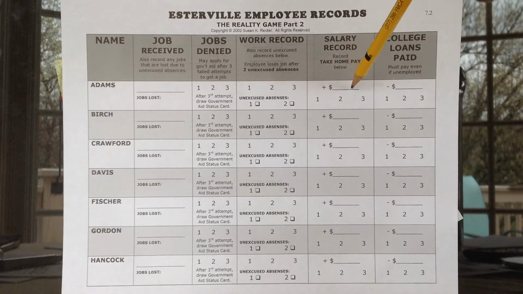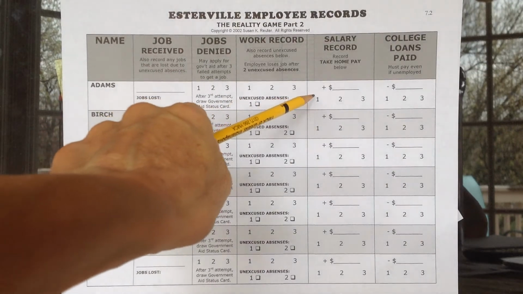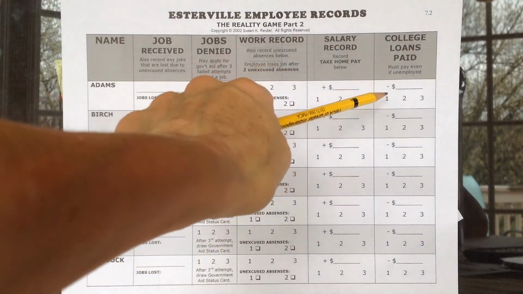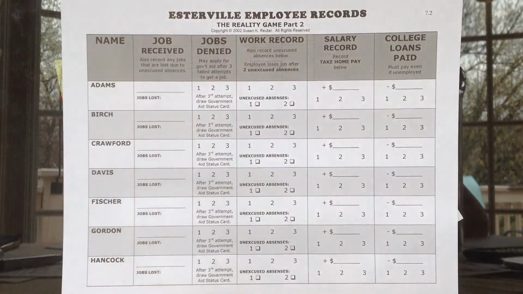It would be written right here. And then if any college loans need to be paid that month, it would be written here as well. So if it was $2,000 and it was $100 for the college loan per month, then you would pay them $1,900. So when you pay them, you will mark through that, and when you have deducted that, you will mark through that, just designating that you have done both of those tasks.